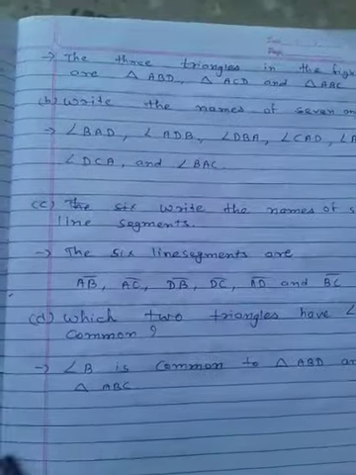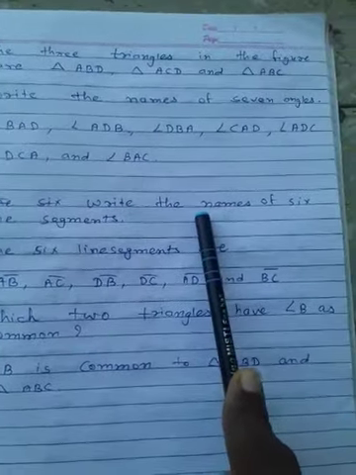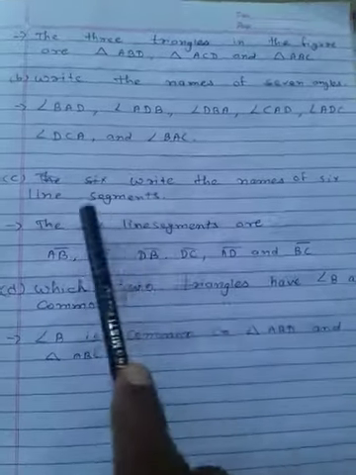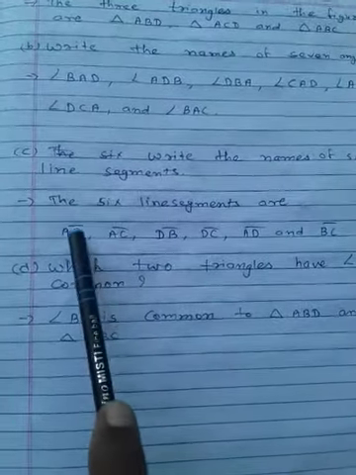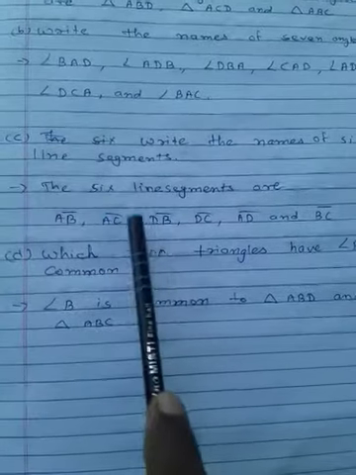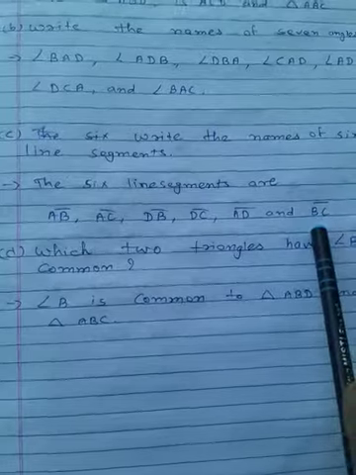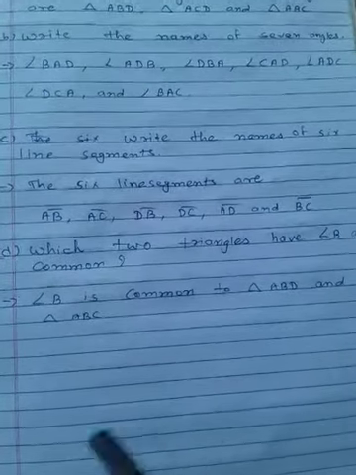Okay, C: write the names of 6 line segments. The 6 line segments are AB, AC, DB, DC, AD, and BC. These are the 6 line segments of this figure.